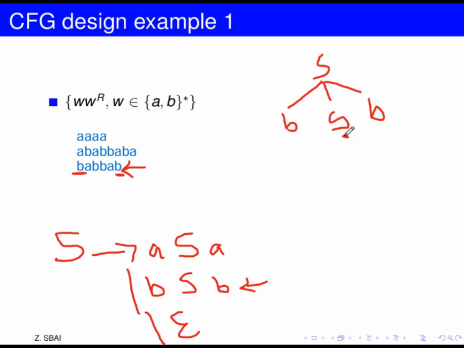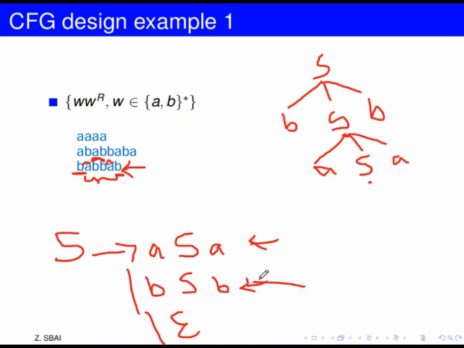So this S should lead to ABBA. Since we will start now from A, we will choose this rule, and S will produce ASA. And now this A appeared, and also this A appeared, and we should focus on the middle here, which is the substring BB from this S.